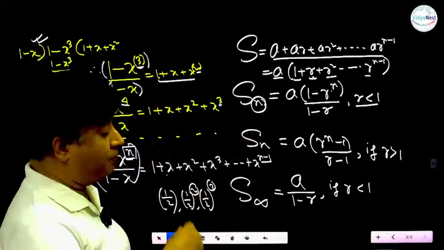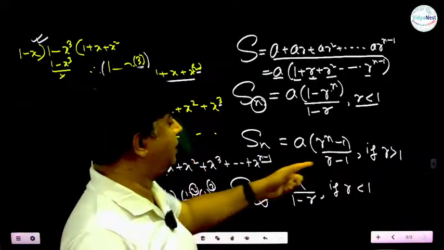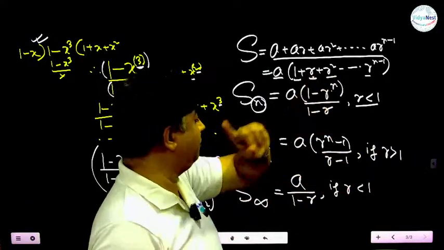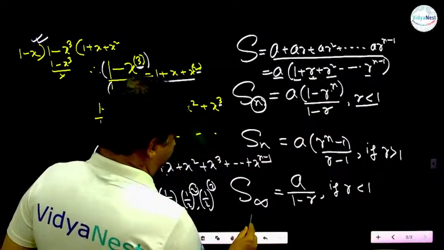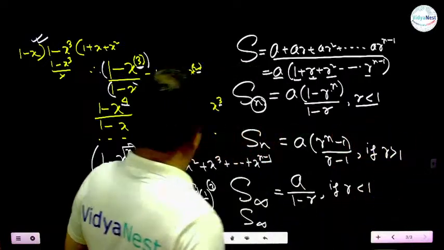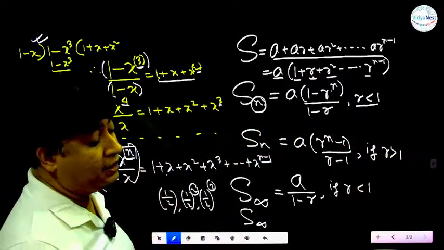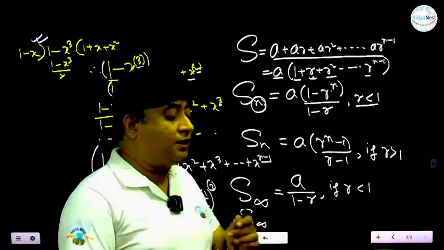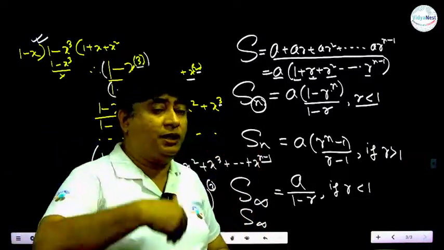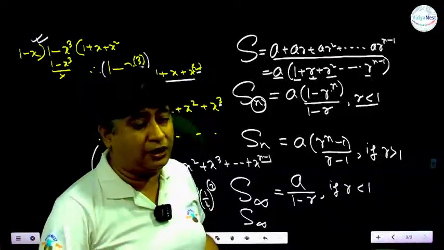So you can ask me, what happened in case of r greater than 1, and if I extend the series up to infinity? So in that case, if r greater than 1, say 3/2. Keep on increasing the value of 3/2, 3/2 square, 3/2 cube.